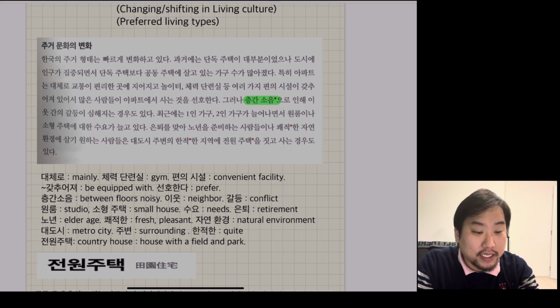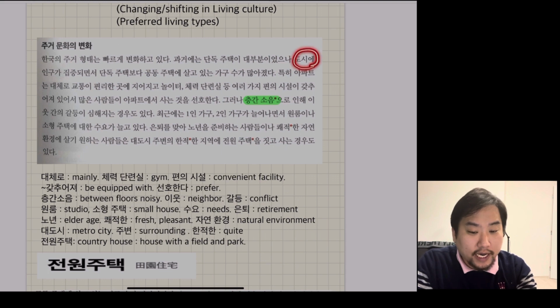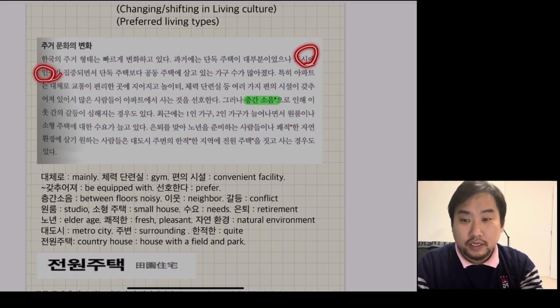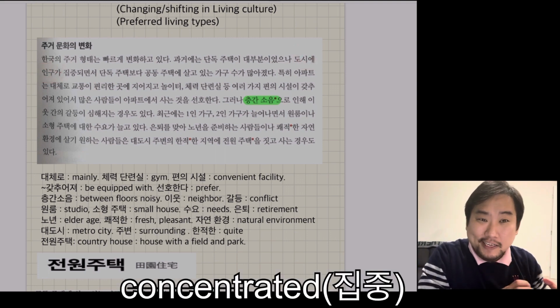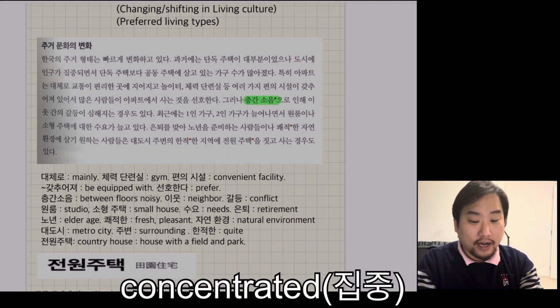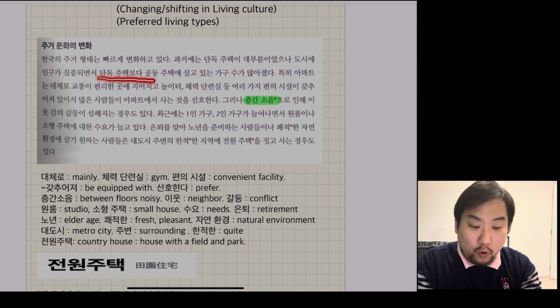과거에는 in the past 단독주택이 대부분이었으나 in the past there is a single house. The traditional stereotype of houses was common thing. 도시의 인구가 집중되면서 to the city populations are concentrated. 집중되다. 단독주택보다 공동주택에 살고 있는 가구 수가 많아졌다.